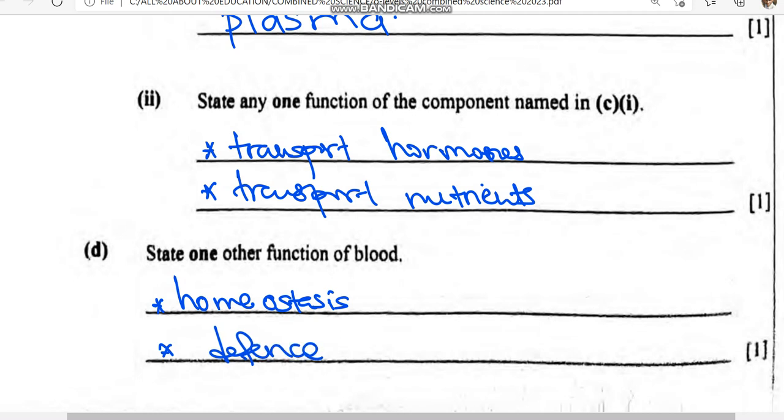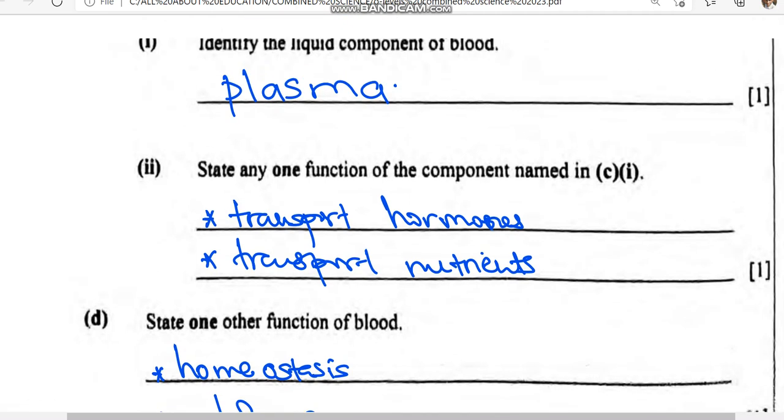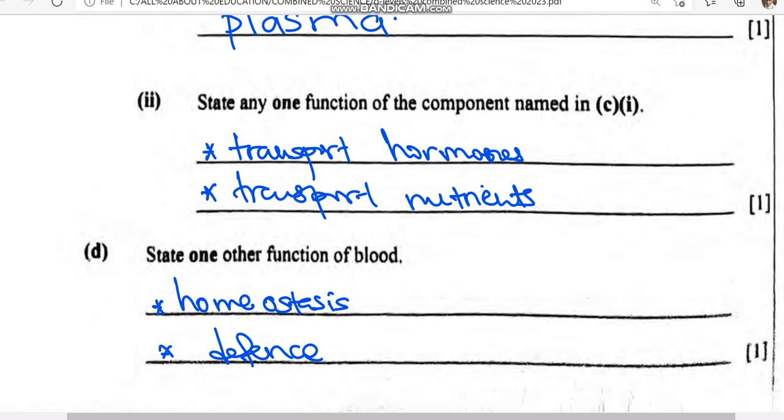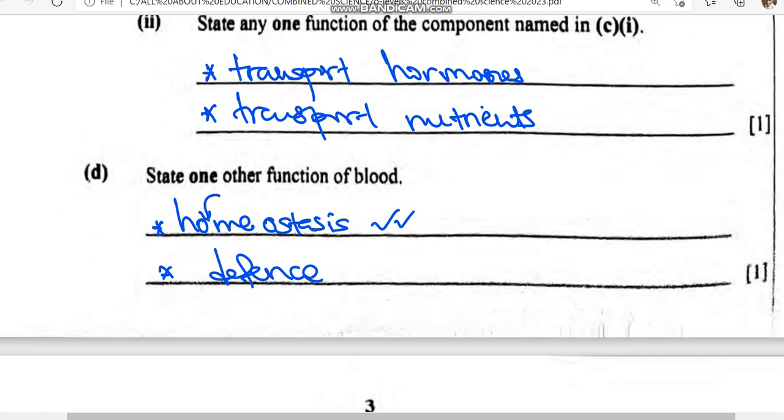So these are the other two functions of blood, despite the fact that blood is important for transportation of nutrients. Homeostasis is, in simpler terms, the maintenance of internal body temperature. You were supposed to write only one function.